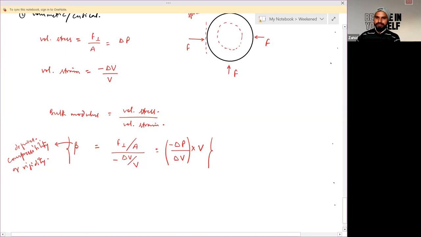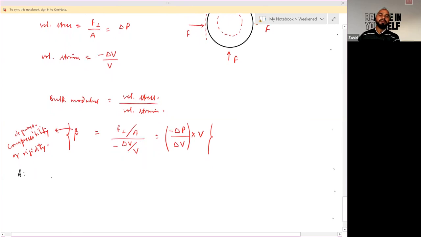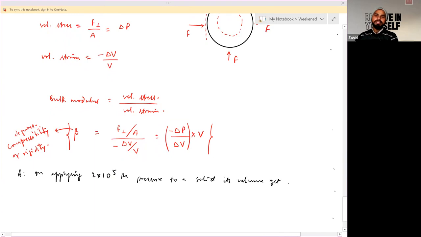Okay, let me give you some question. On applying 2 into 10 raised to power 5 Pascal pressure to a solid, its volume gets decreased by 10%. Find value of bulk modulus.